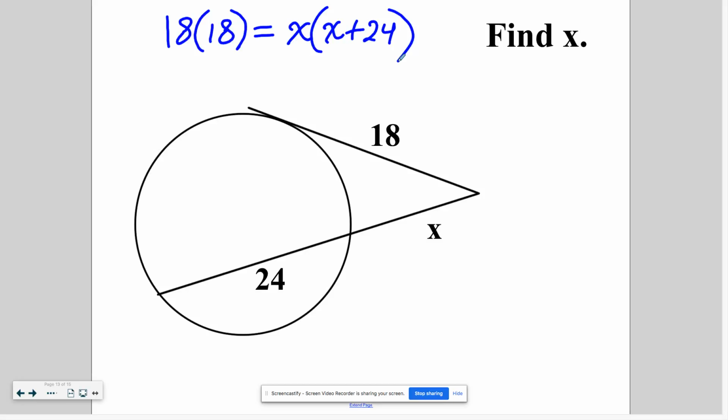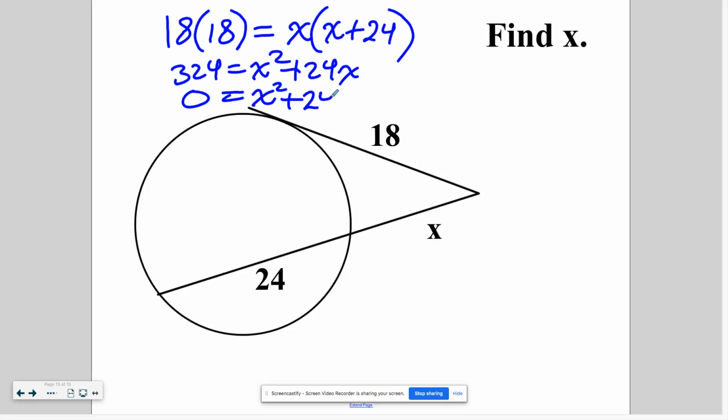Oh, I can see this is a quadratic again. So we get 324 equals x squared plus 24x. We solve for 0, and you get that. We might be able to do factoring.